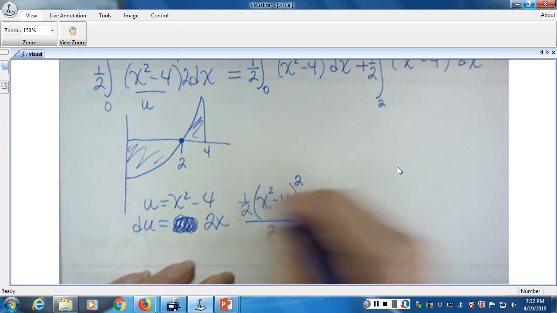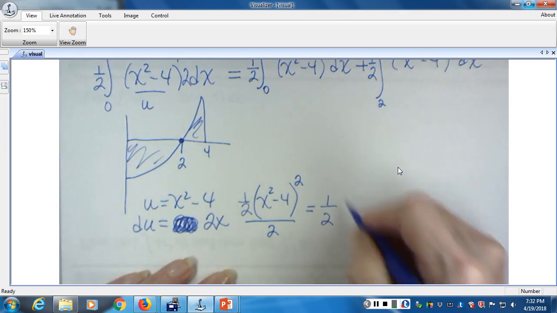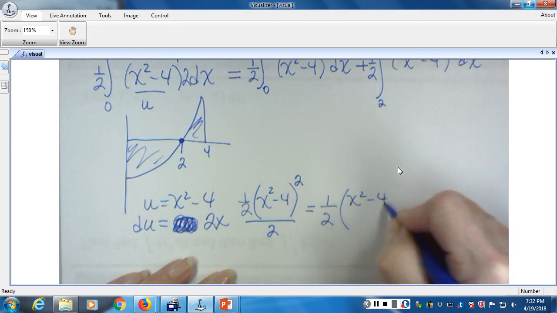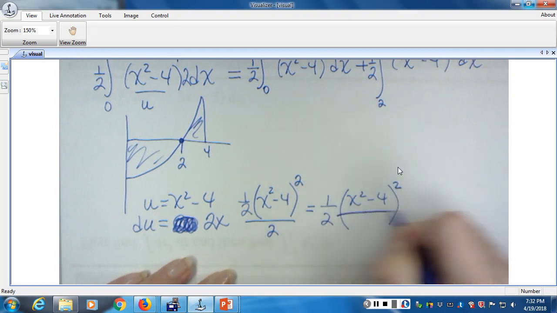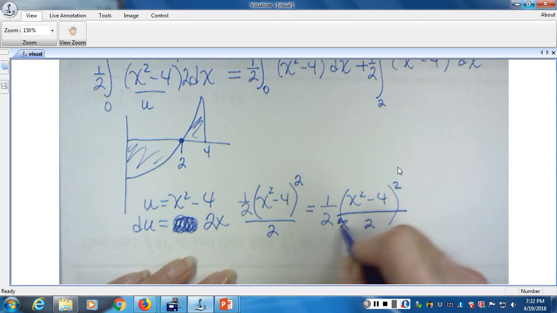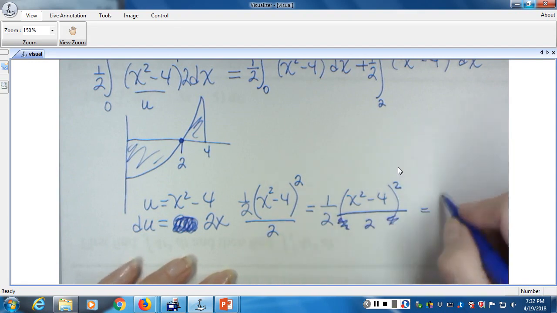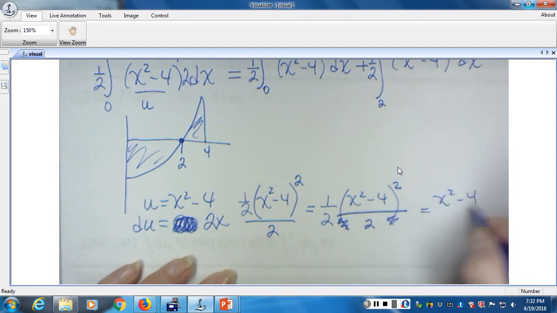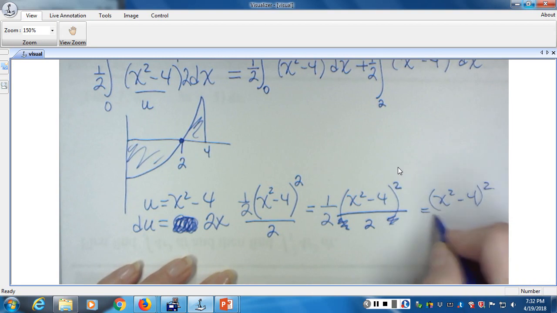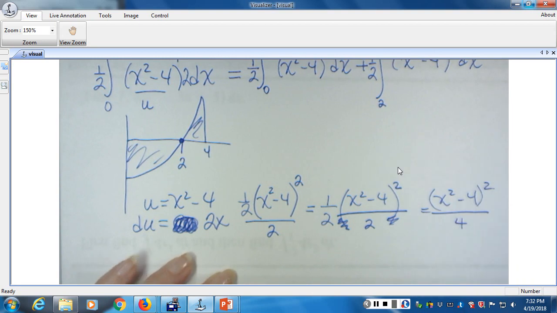So if I separate that back out, 1/2 times x squared minus 4 quantity squared, over 2, that actually becomes x squared minus 4 squared divided by 4. And I think that matches with what they did.